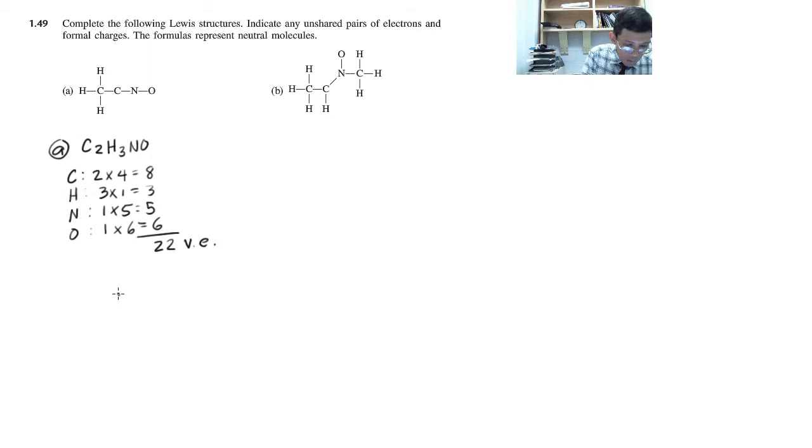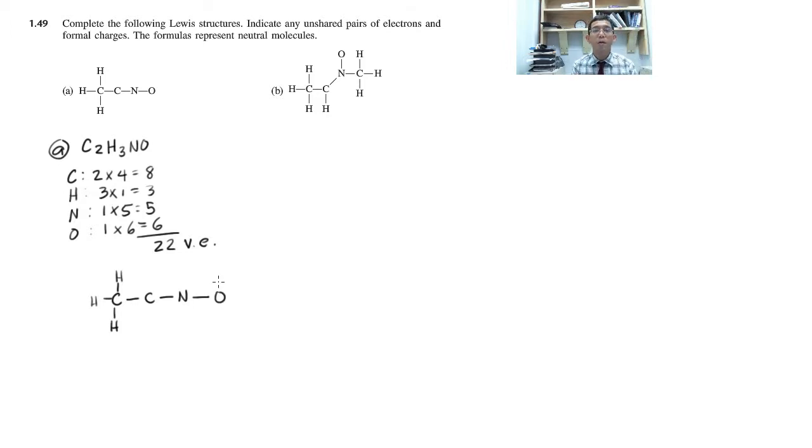Okay, so carbon surrounded by 3 hydrogens. Hydrogen is period 1, so it can only take 2 electrons. So the octet rule does not apply to hydrogens. Next, we have a carbon connected to the other carbon, then nitrogen, and then oxygen.